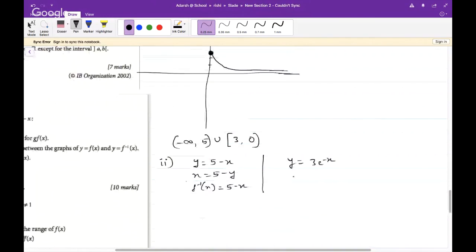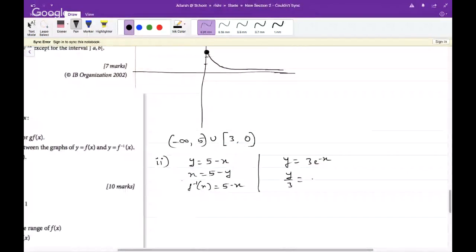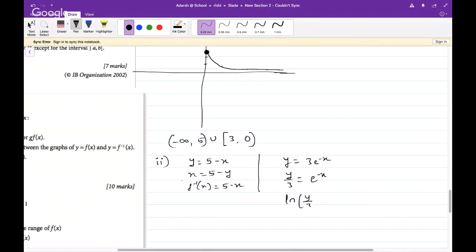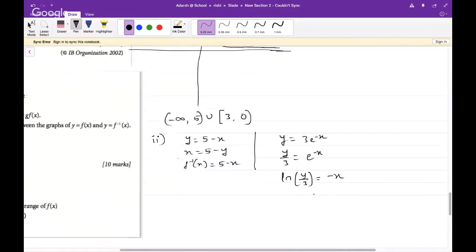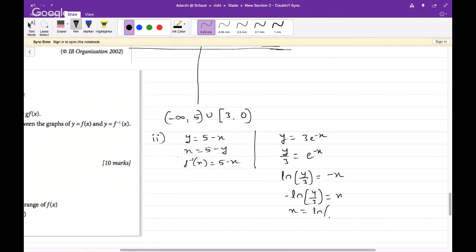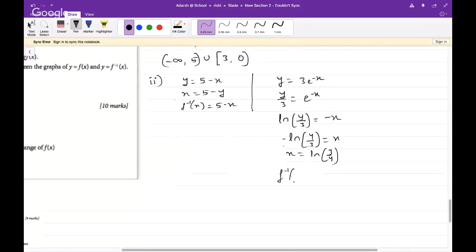First step, x divided by 3 is equal to e to the power negative y. So take ln, natural ln. ln of x divided by 3 is equal to negative y, so y is equal to ln of 3 divided by x. So the inverse function is ln of 3 divided by x.